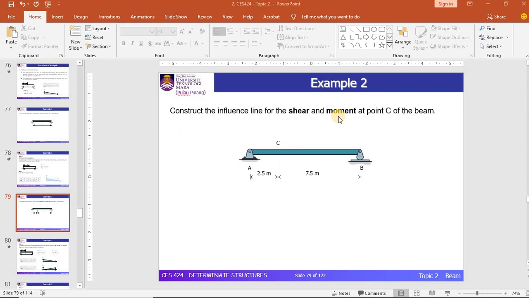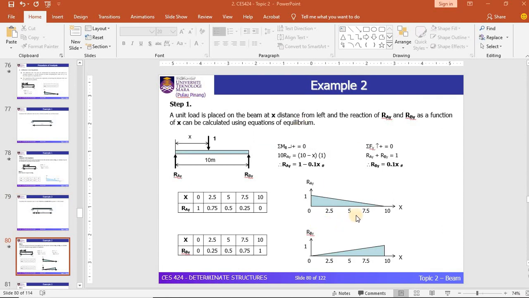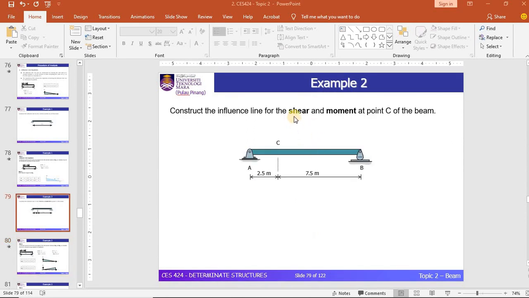So you need to be careful when you want to answer the question in the test or in the final exam. In this problem it's not required to develop the ILD at support. We need to develop the ILD based on the shear and the moment.